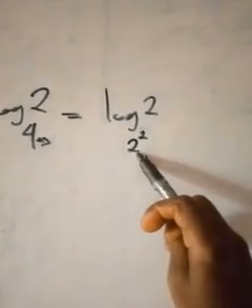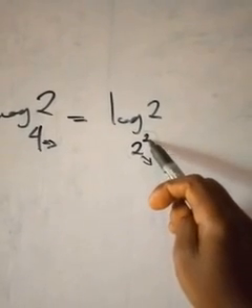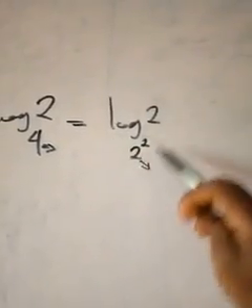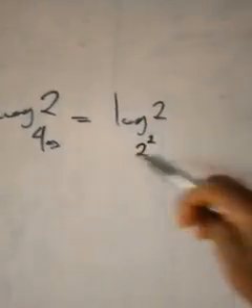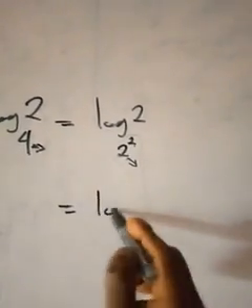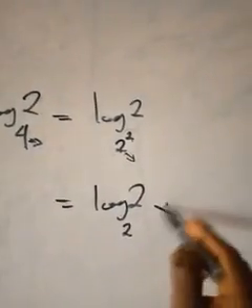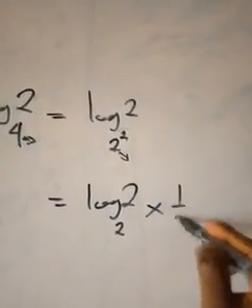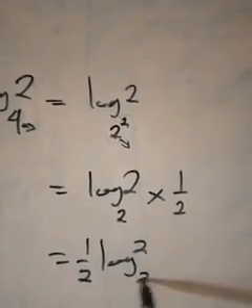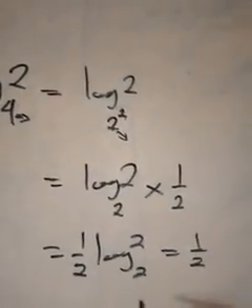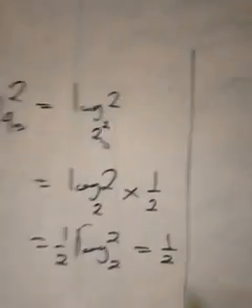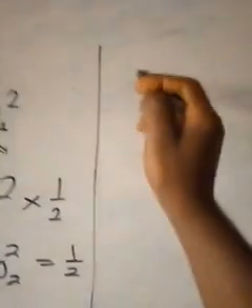The power will be inverted and multiply everything here. This base will remain, then multiply by the inverse of this power, which gives us 1 over 2 log 2 base 2. That is going to be 1 over 2, because log 2 base 2 is going to give us 1. Let's look at the second one before we solve the problem so that we can understand it very well.